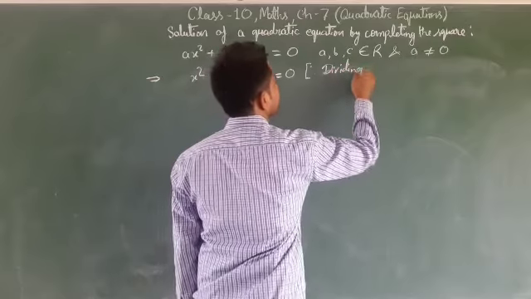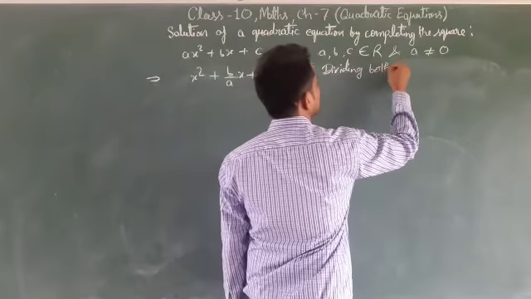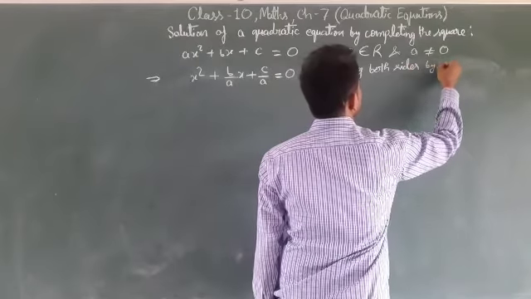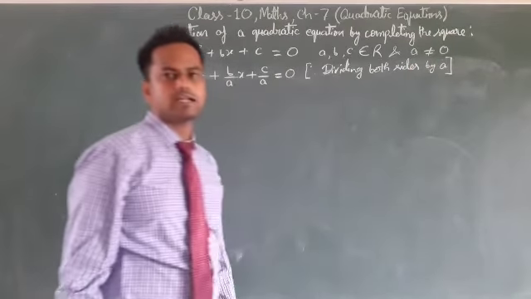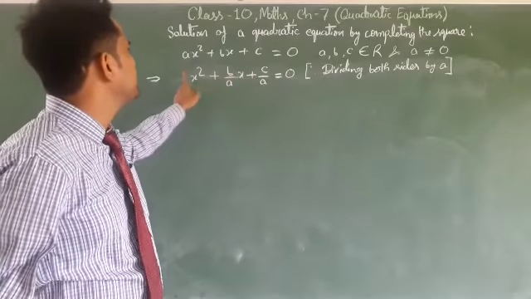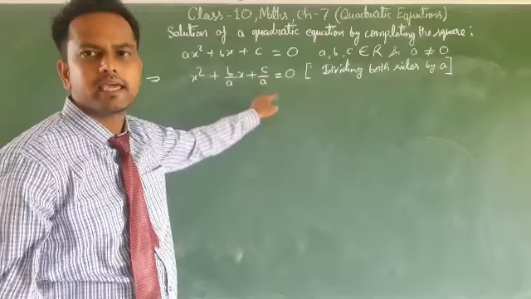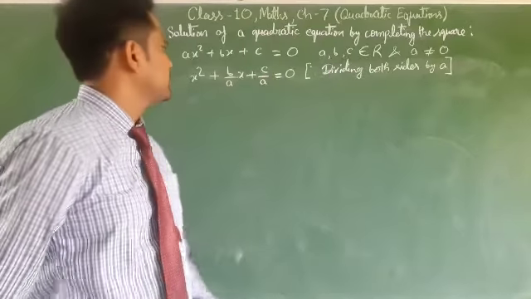Dividing both sides by a, we get x square plus b by a x plus c by a is equal to 0.